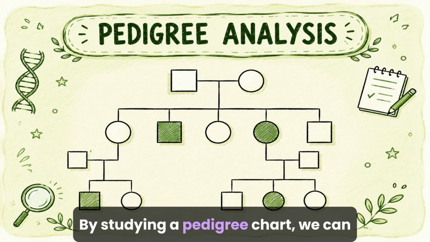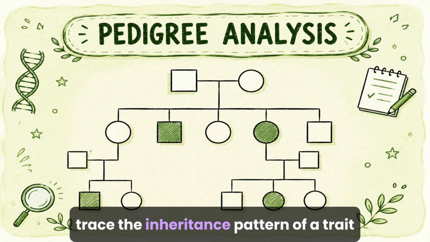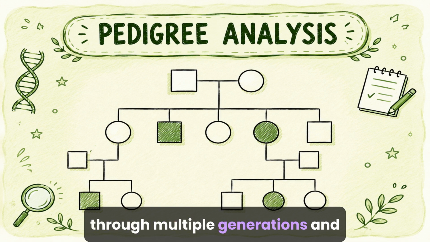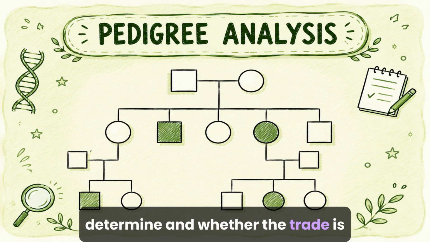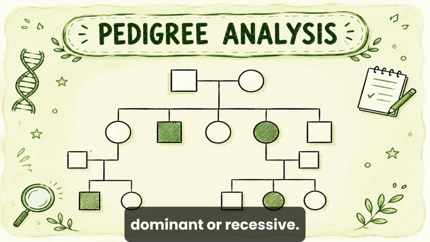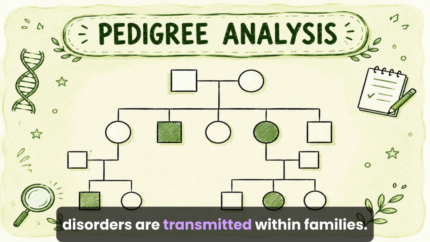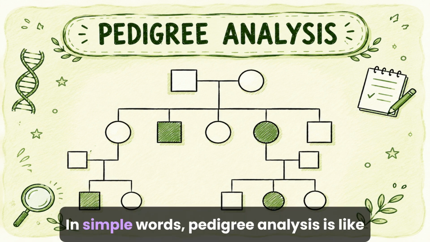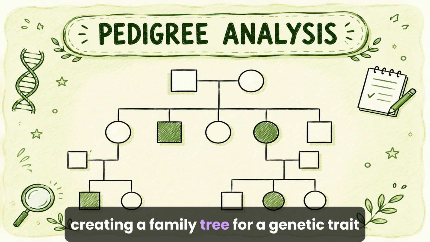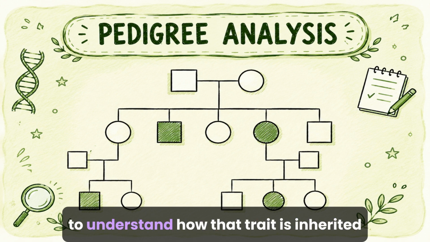By studying a pedigree chart, we can trace the inheritance pattern of a trait through multiple generations and determine whether the trait is dominant or recessive. It also helps us understand how genetic disorders are transmitted within families.